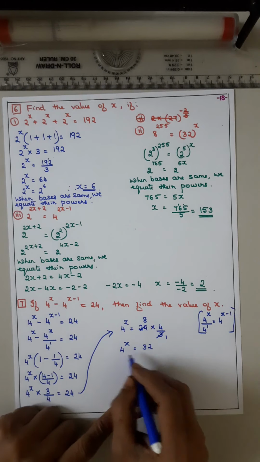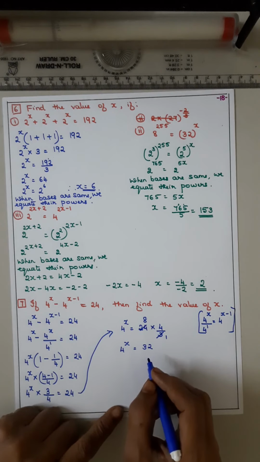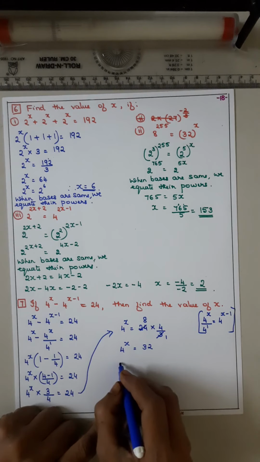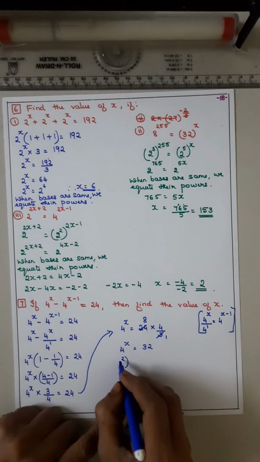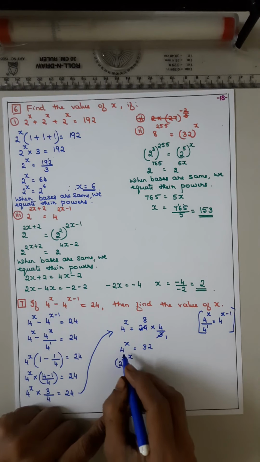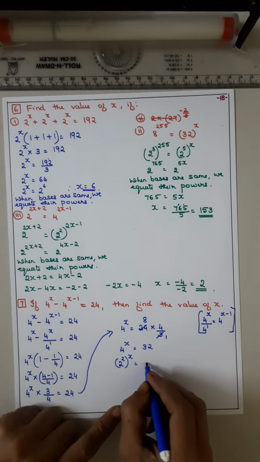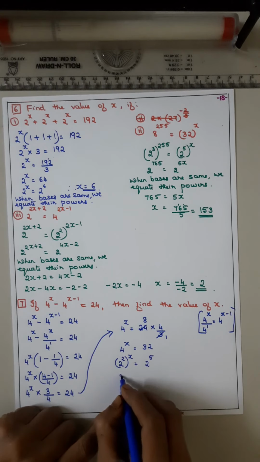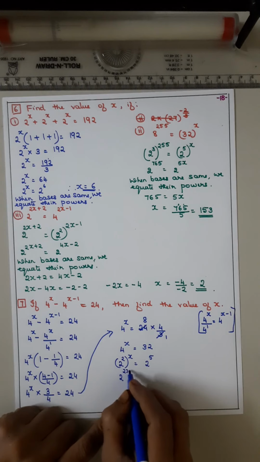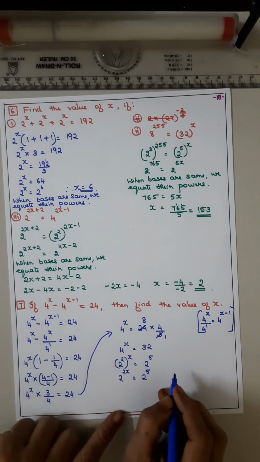Now 32 cannot be written in base 4, so convert into base 2. So 2 squared to the power x, 4 is written as 2 squared and 32 is written as 2 to the power 5. Now this became 2 to the power 2x is equal to 2 to the power 5.